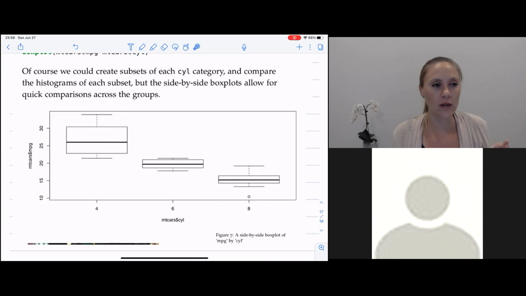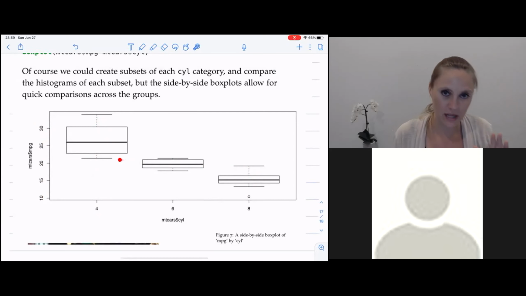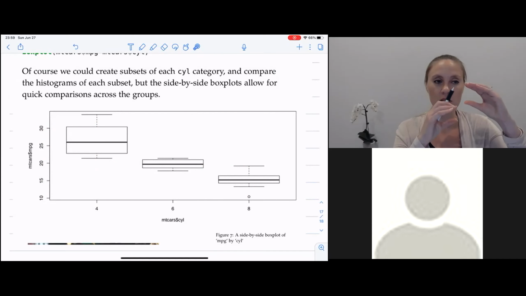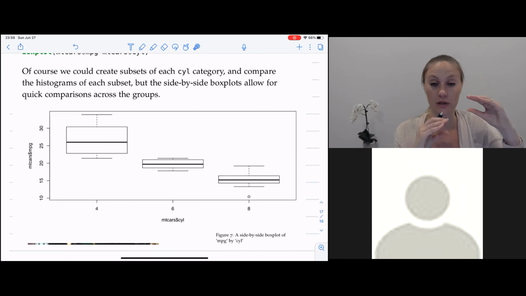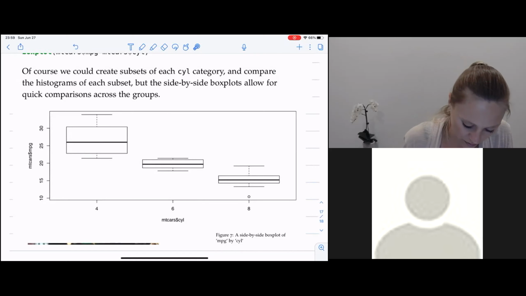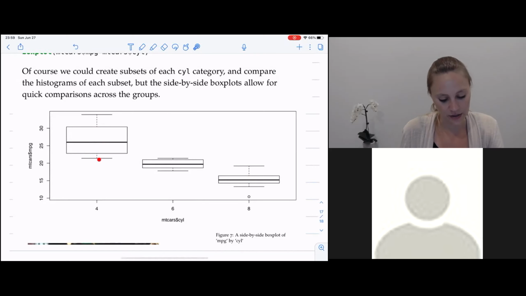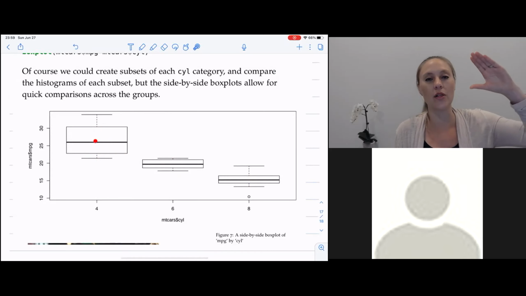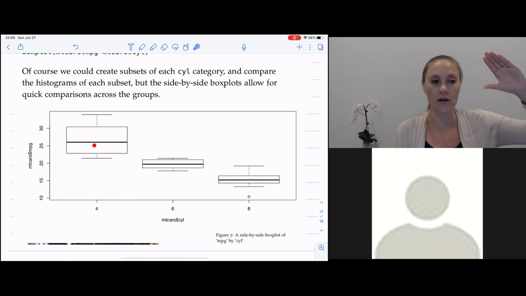What else can we talk about? Depending on how much overlap there is with these boxes or the box plots, if there's not very much overlap, then we can go ahead and say that there's a large difference here. So between the four-cylinder and the six-cylinder and eight-cylinder, the four-cylinder, almost all the data is all above everything in the 6 and the 8.